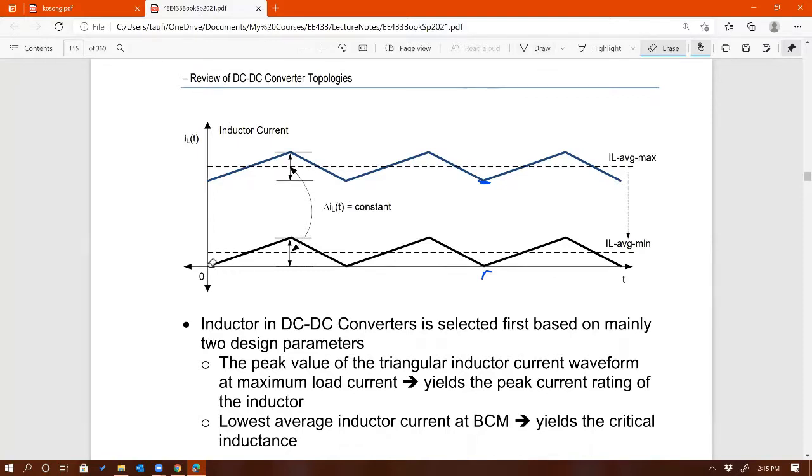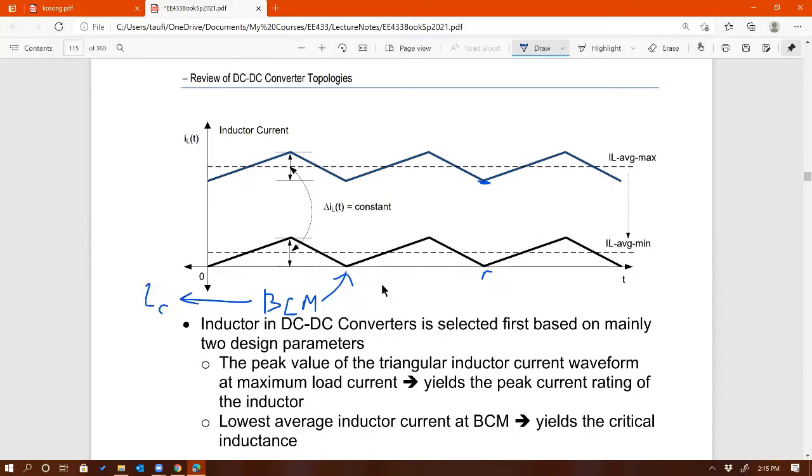And below that current, we don't really care much about the operation in terms of transfer function of the circuit. Okay, so therefore the defining factor here would be this current right there, for critical inductance, BCM mode, and we talked about it last time. And from the BCM condition, it translates into critical inductance.